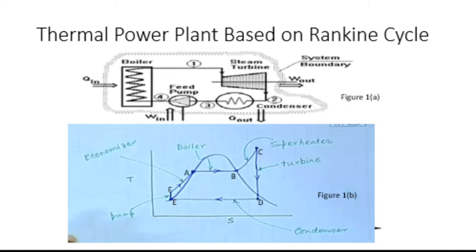So the answer: in the 2 to 3 path, the entropy will be reduced because heat is being extracted, and that heat is nothing but the latent heat. That's why the temperature is constant, and hence the pressure is also constant. So the 2 to 3 process in the condenser is an isobaric process, meaning pressure is constant, but entropy will reduce drastically.